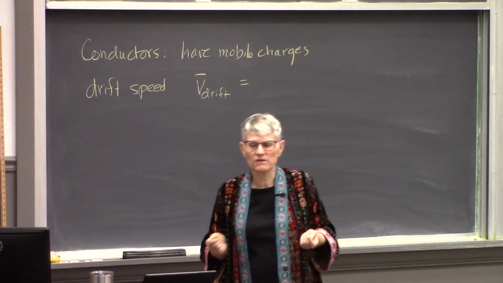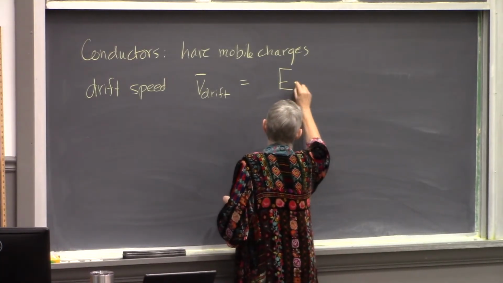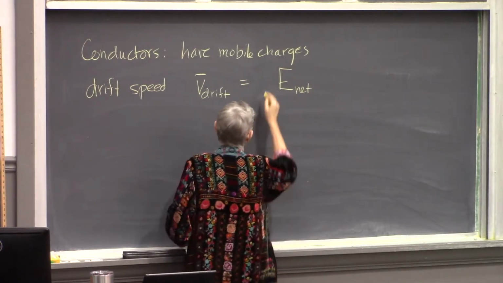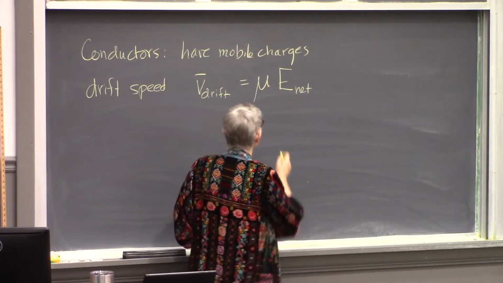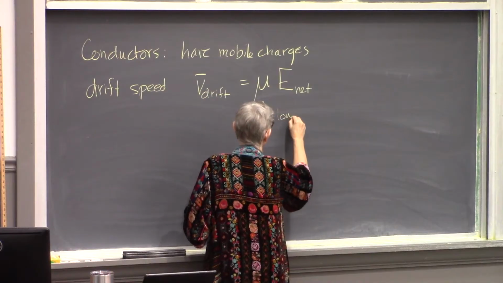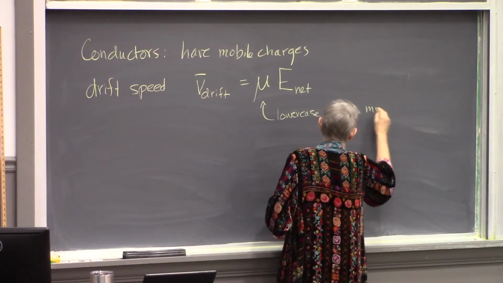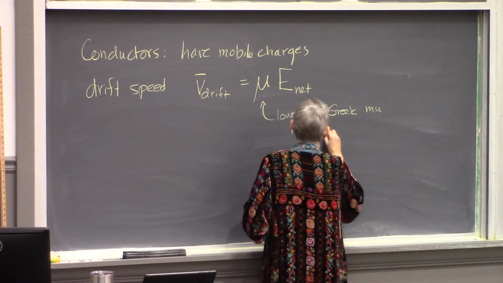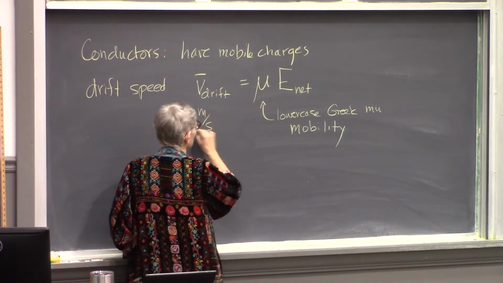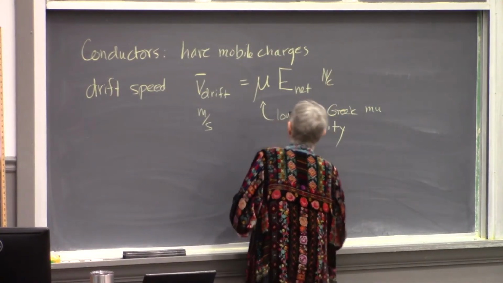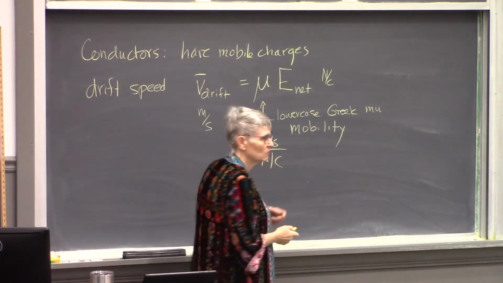It is directly proportional to the magnitude of the field, the net field at the location of the charge. And the proportionality constant we use the symbol lowercase Greek mu, and it stands for mobility. And since this has units of meters per second and this has units of newtons per coulomb, mobility must have the units of meters per second per newton per coulomb.